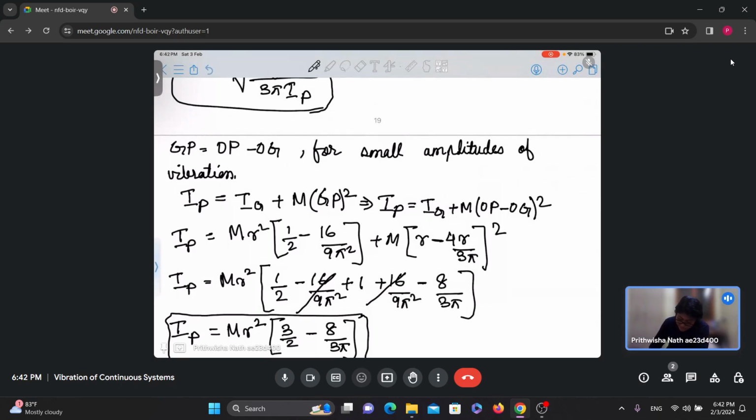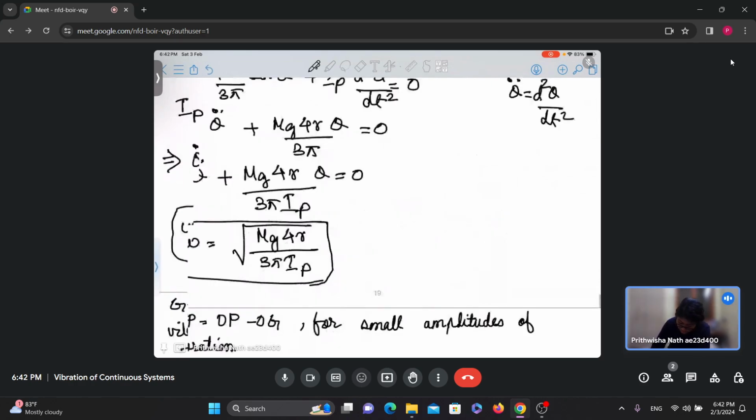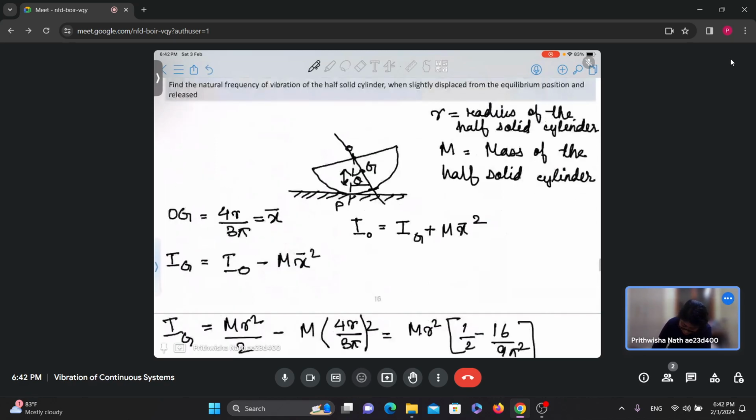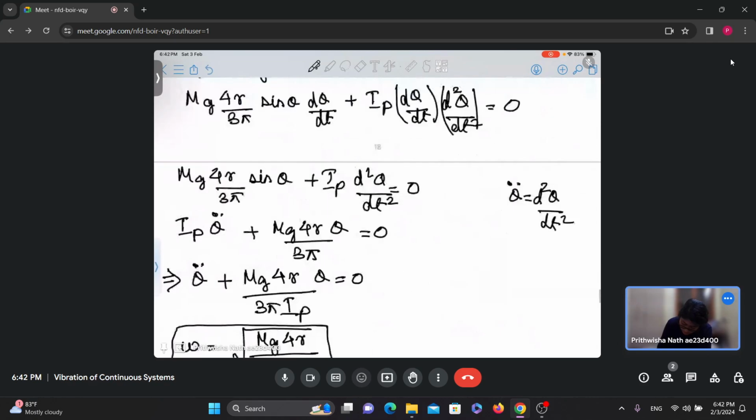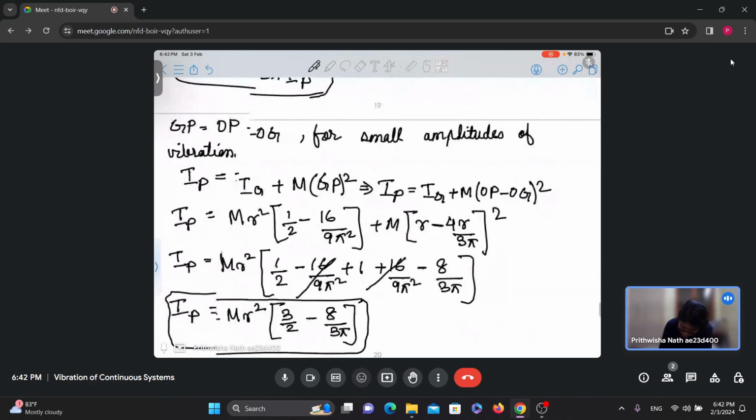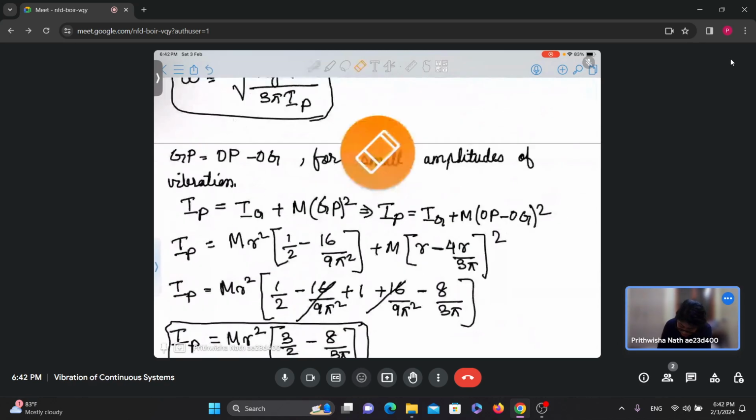Now what is OP? From this figure we can see OP is the radius. OP is R, and OG we have already seen to be 4R by 3 pi.